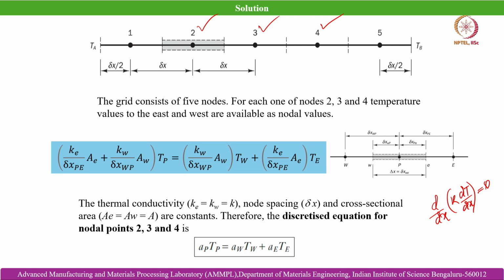like I discussed in the last class, we need to integrate it, take a volume integral, and from there we can write it in terms of the east face and the west face: k_e A_e by delta x_PE times (T_E minus T_P), minus k_w A_w by delta x_WP times (T_P minus T_W).